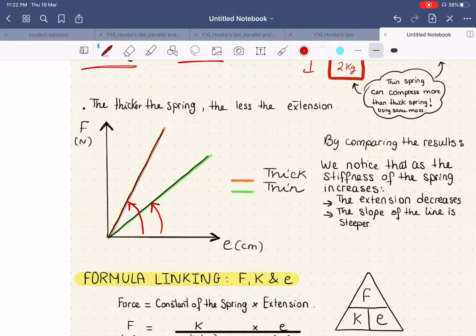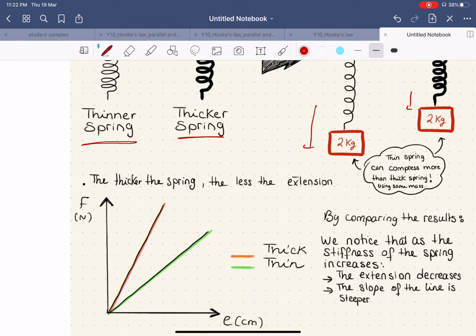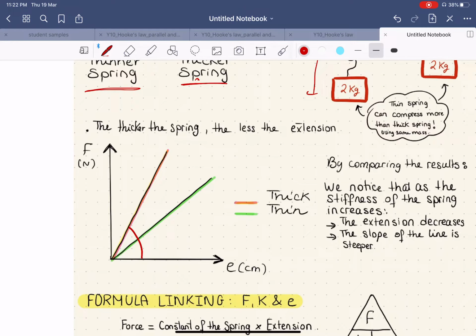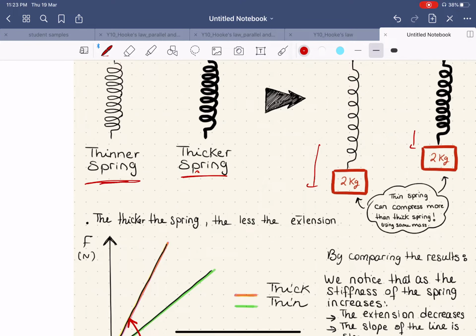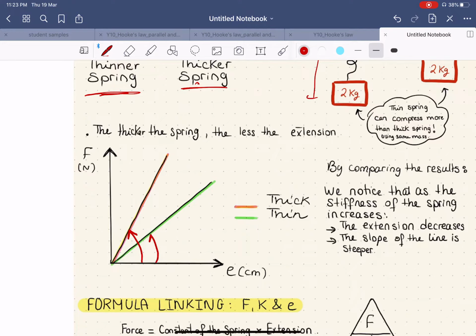And when we want to plot this in the graph, we would see that a thick spring like this one would have a steeper slope, while a thin spring like this one will have a smaller slope. So the slope of the line that is steeper represents the one that is stiffer.